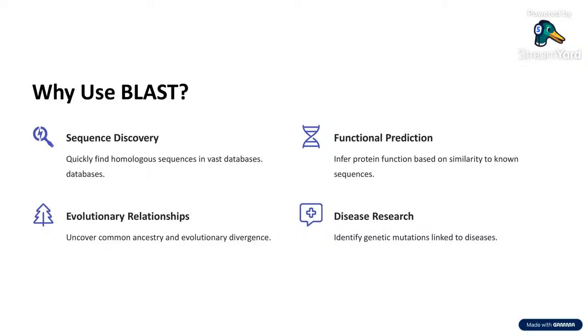Third, BLAST supports evolutionary studies that show how conserved a gene is across different organisms. And lastly, it is vital in disease research. By comparing patient DNA with known disease-related sequences, we can identify mutations that may contribute to conditions like cancer or genetic disorders.